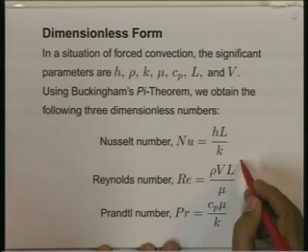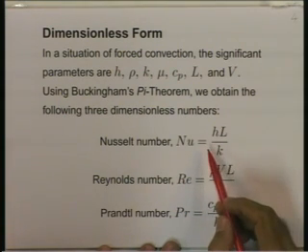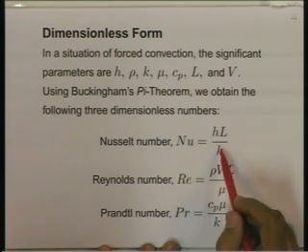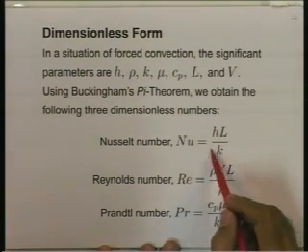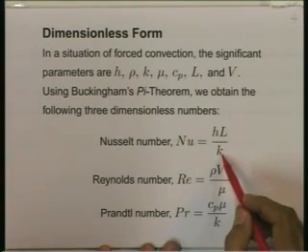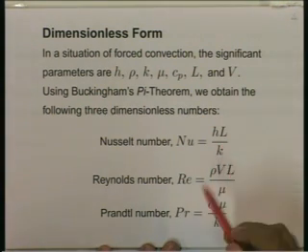So the Reynolds number represents the flow situation of the fluid. The Nusselt number hL by k is similar to the Biot number, but remember, in the Biot number we have the conductivity of the solid, here we have the conductivity of the fluid.